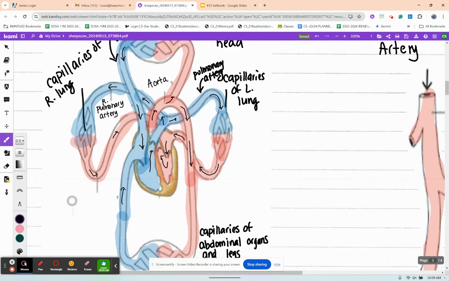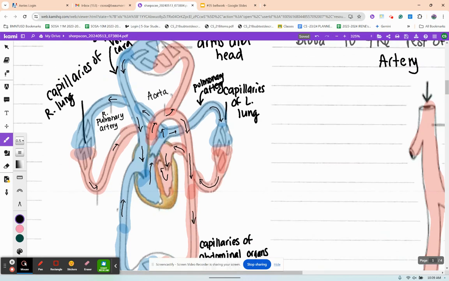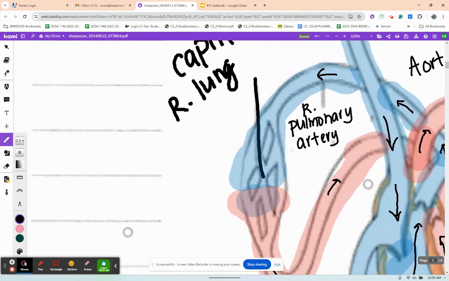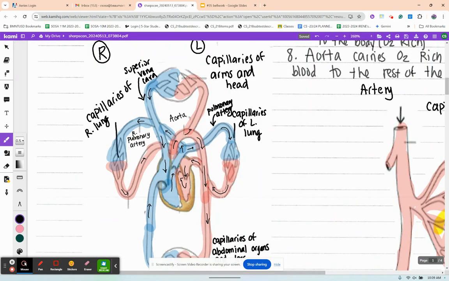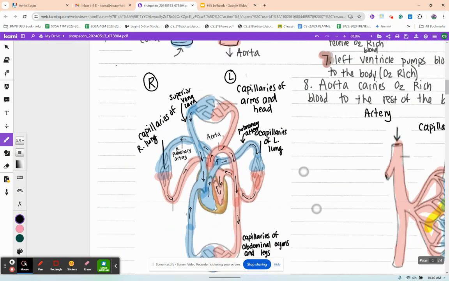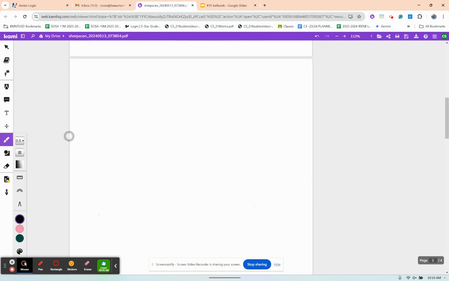Okay. Oh, excuse my screen. Raise your hand if you need more time on this one. But you got it? Okay. All right. Very good.